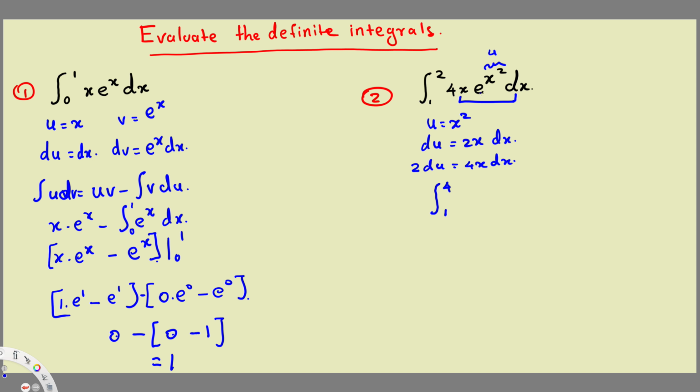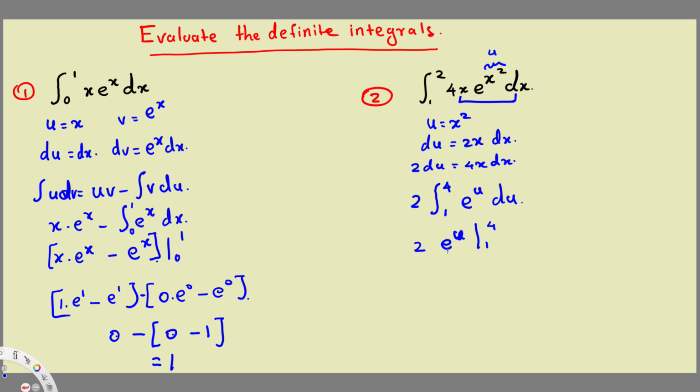Now we have e^u, and 4x dx we can replace with 2 du. Since 2 is a constant, we can bring it to the front. So this is going to be 2 times the integral from 1 to 4 of e^u du. Now this one is easy to integrate. The integral of e^u is e^u, and it's going from 1 to 4.